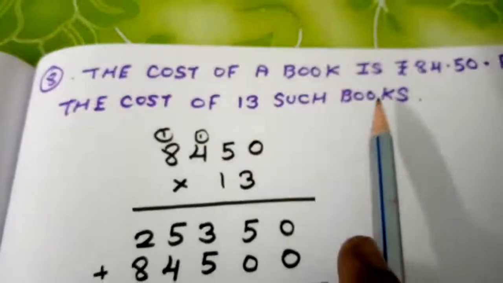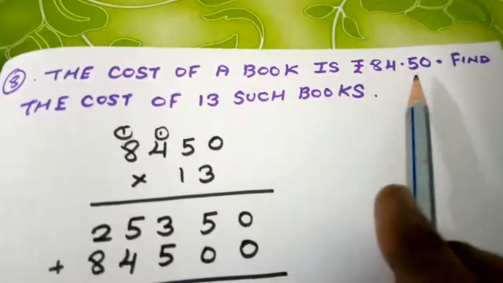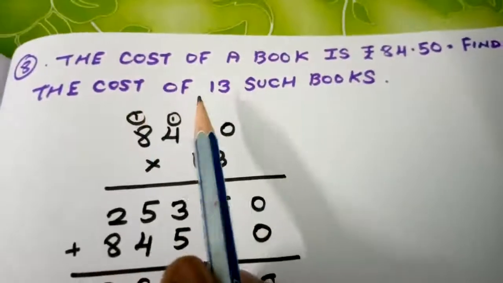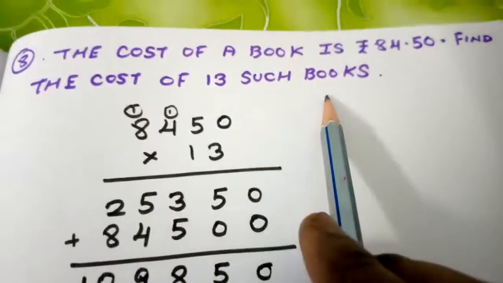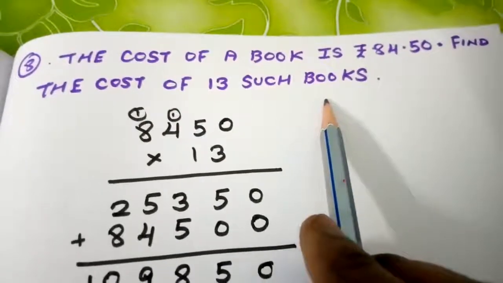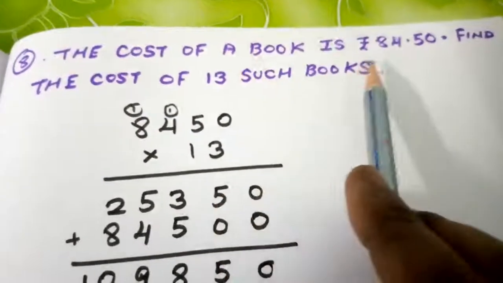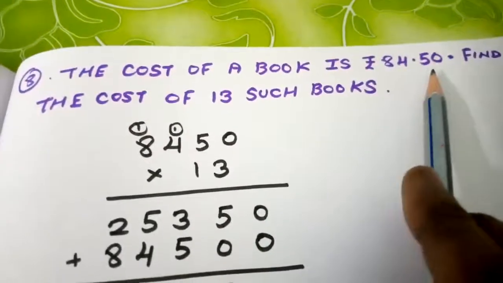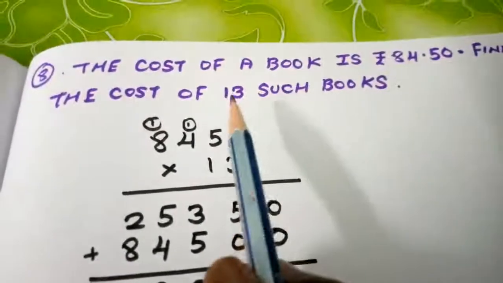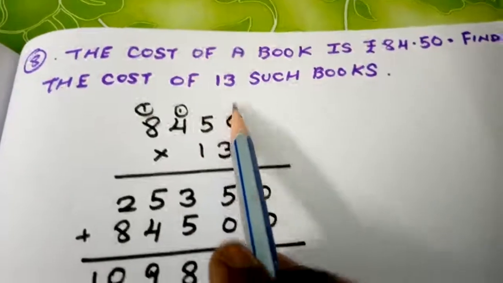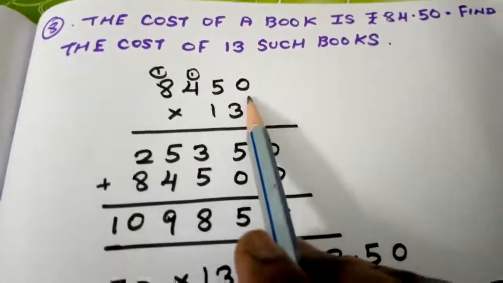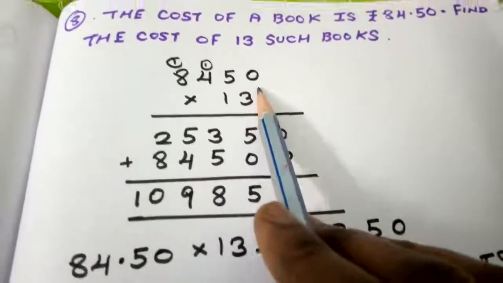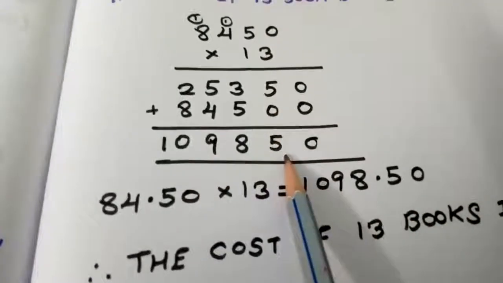The cost of a book is rupees 84.50. Find the cost of 13 such books. They are asking you this question. The cost of one book is 84 rupees 50 paise. They are asking you to find the cost of 13 books. So just normal multiplication without the decimal point, multiply, you are going to get this value.